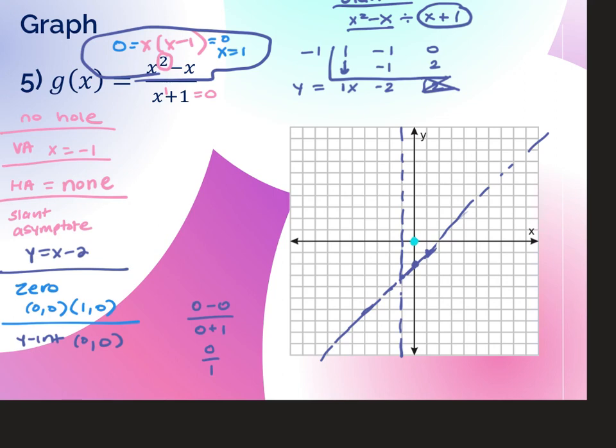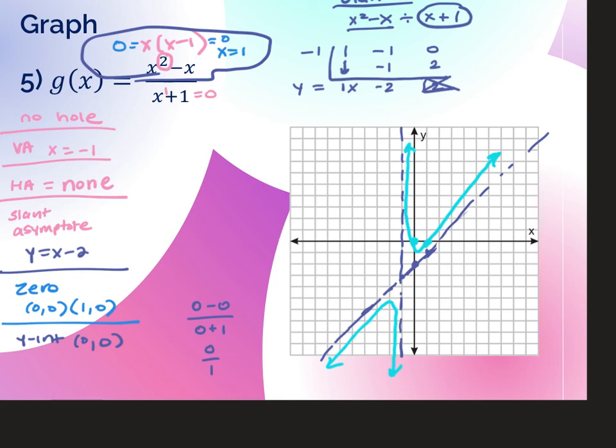So here are my 2 zeros, 0, 0 and 1, 0. And my y-intercept is 0, 0. So I know it's in this corner. It's going to come down and come back out of here, which means it also has to be in this corner.